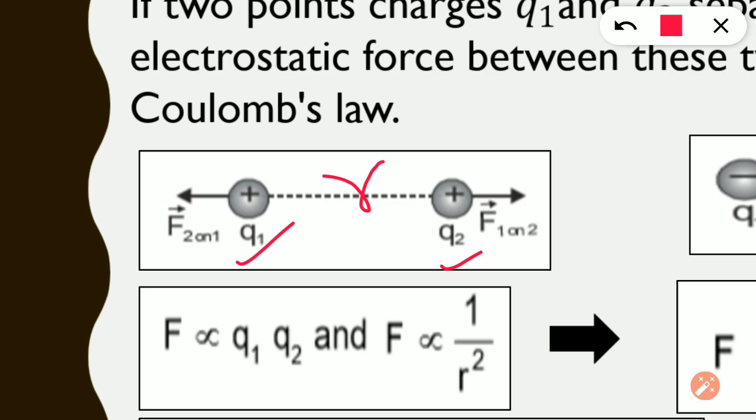Separation between them means the distance from the center of the first charge to the center of the second charge is r, right? Since these two charges are similar, they repel each other. There is a force of repulsion between them. You can notice the direction of the force is along the line joining the centers of the two charges.